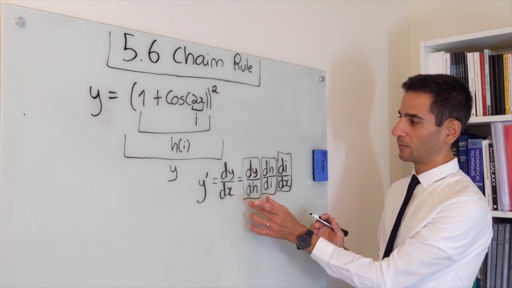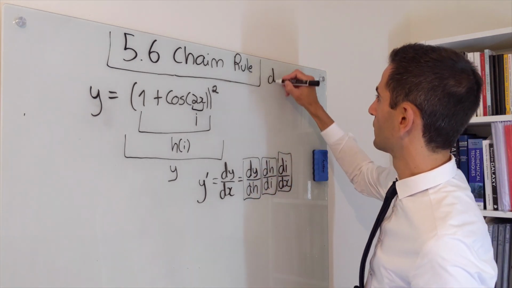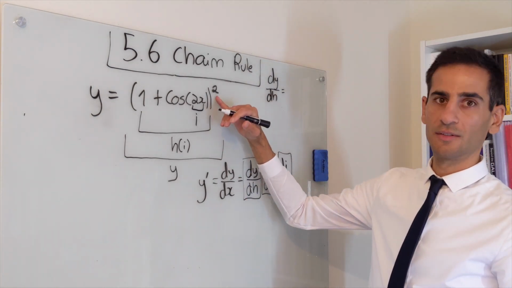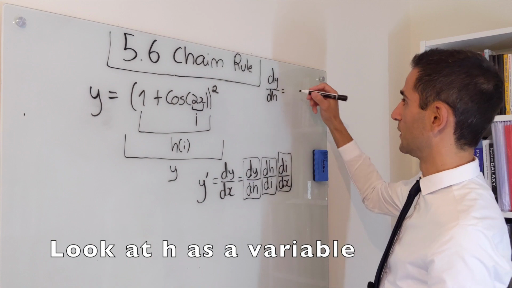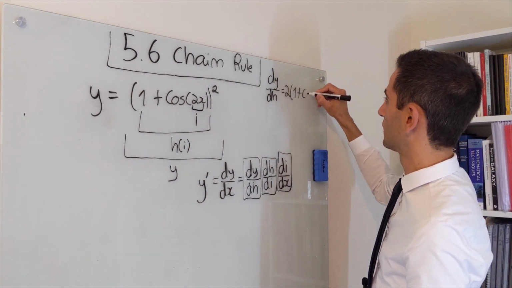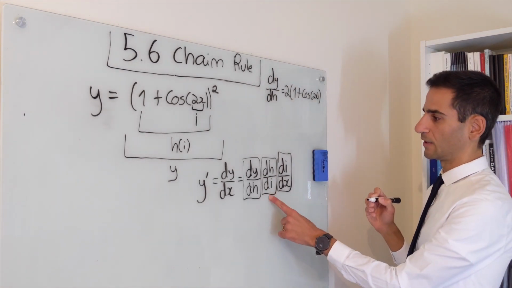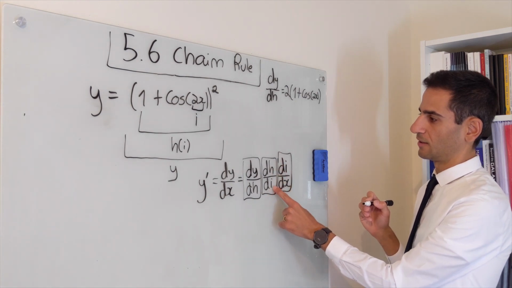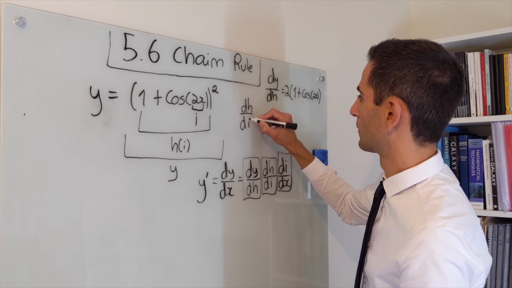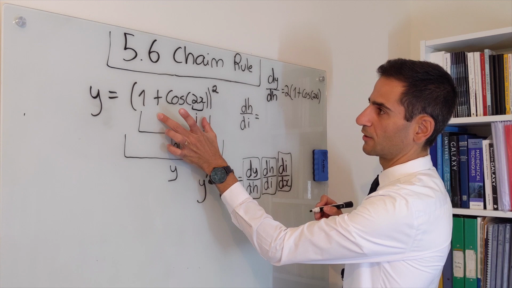For example, we want to calculate dy/dh. All we have to do is use the power rule. We drop the exponent and it becomes 2 times (1 plus cos of 2x). If we want to calculate dh/di, all we have to do is look at this expression.